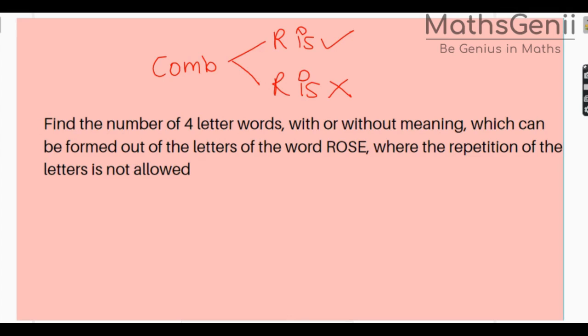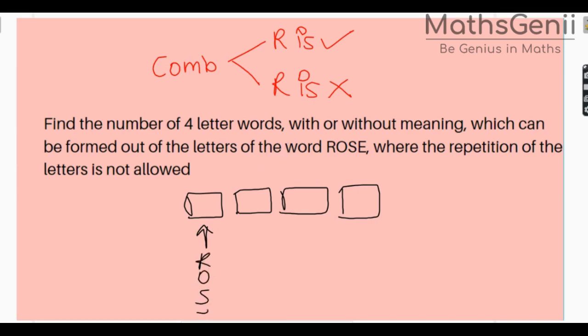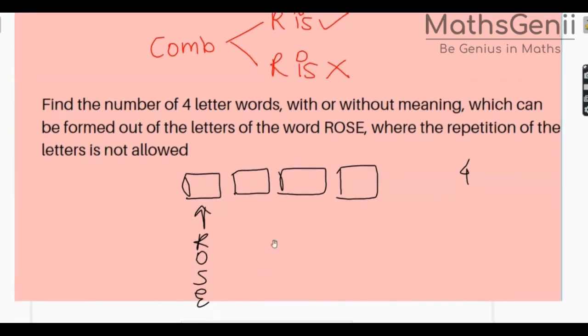The question asks for a four-letter word, so these are the four boxes. Repetition is not allowed. Here I have four choices, R, O, S, E. How many choices do I have? Four. Now suppose out of these four, I pick O and place it in the first box.